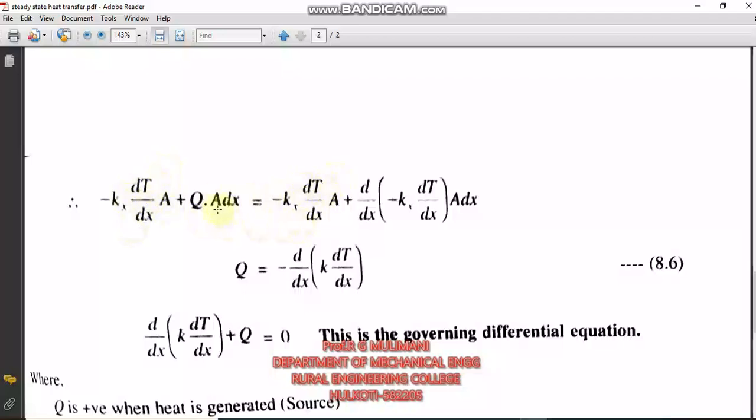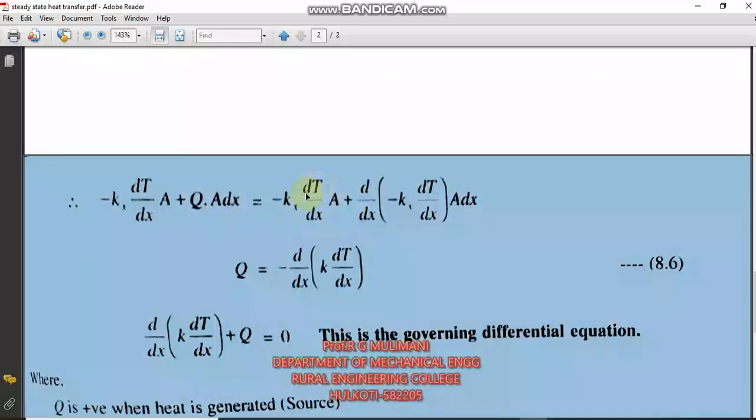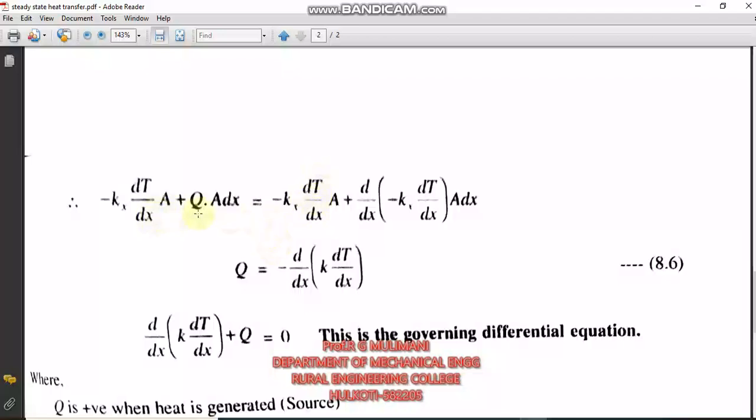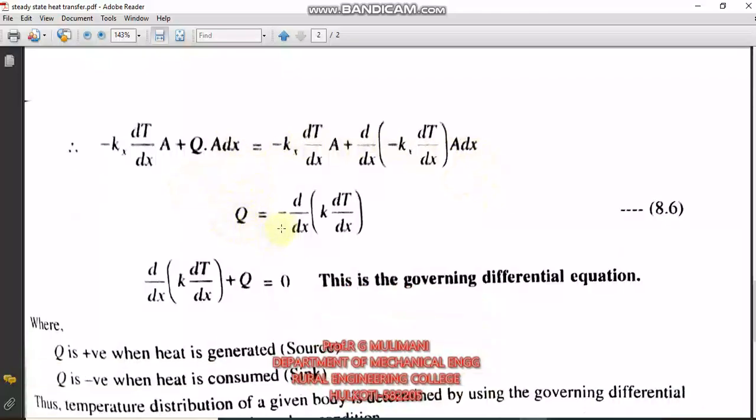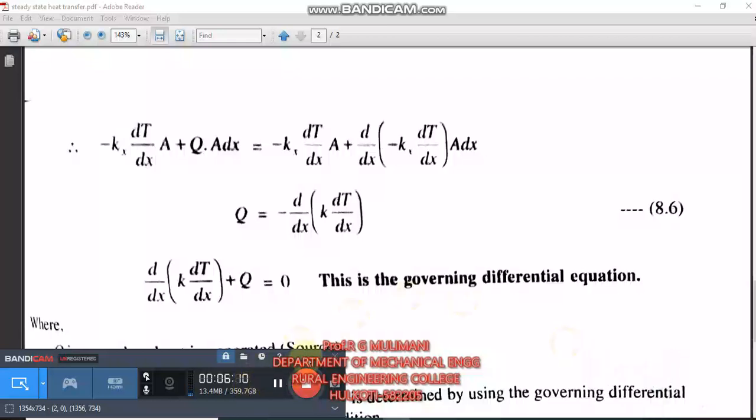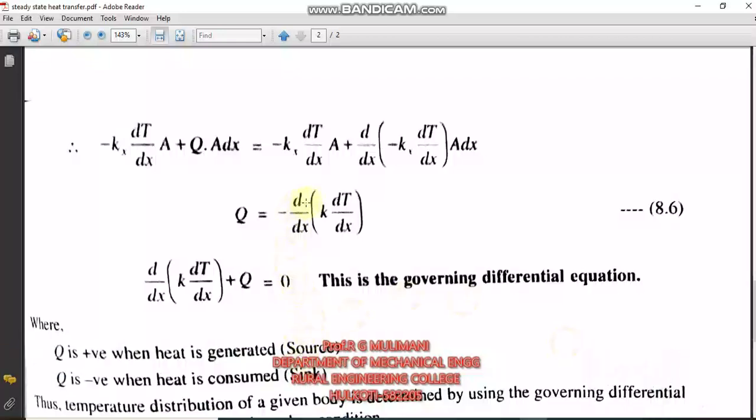The area and dx elemental value are the same in these terms, so they cancel. What is left is q equal to minus d by dx of k dT by dx.